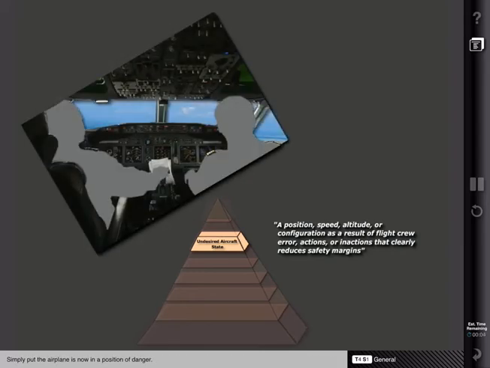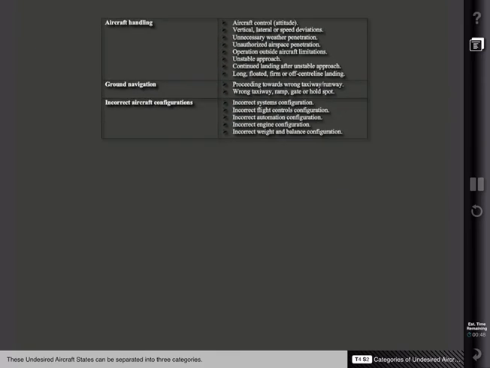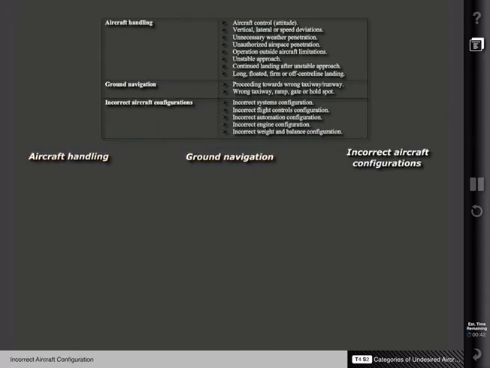Simply put, the airplane is now in a position of danger. These undesired aircraft states can be separated into three categories: aircraft handling, ground navigation, and incorrect aircraft configuration.